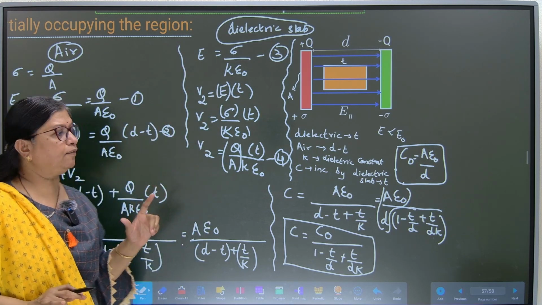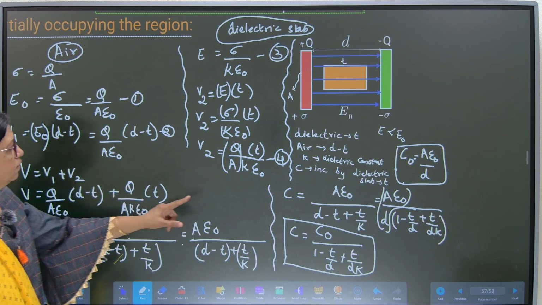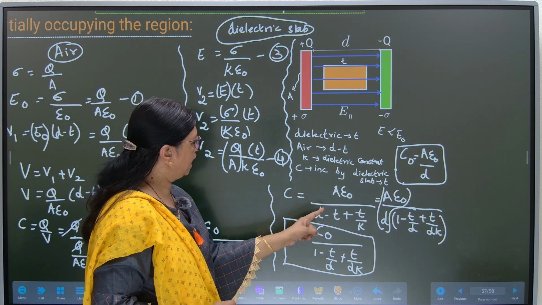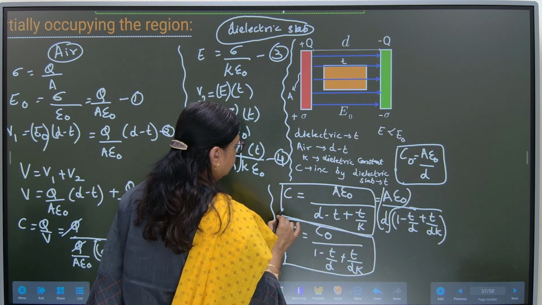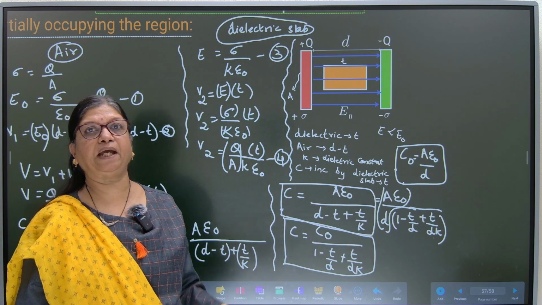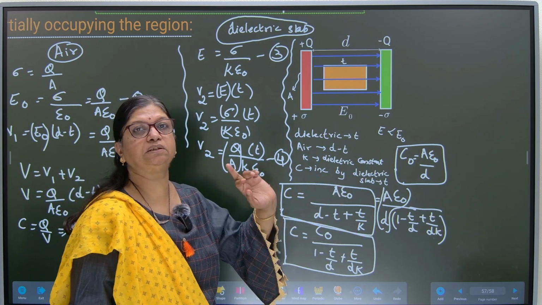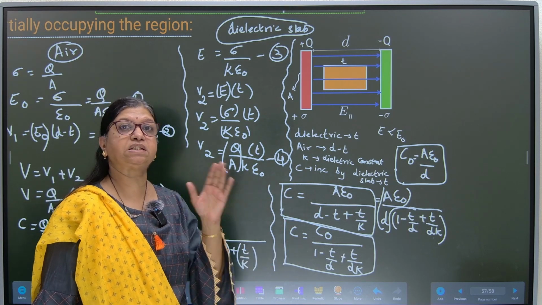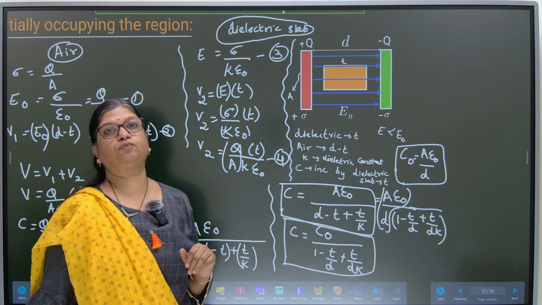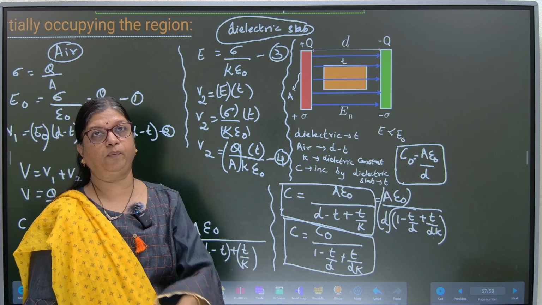Combine both the potential differences, find out V, substitute in our formula of capacitance C is equal to Q by V, get C is equal to A epsilon naught upon D minus T plus T by K. This is also useful provided A, D, T are given to us. If A, D, T are not given to us, and C naught is given to us, we can use this formula. Depending on what is given to us, choose the formula, use the formula.